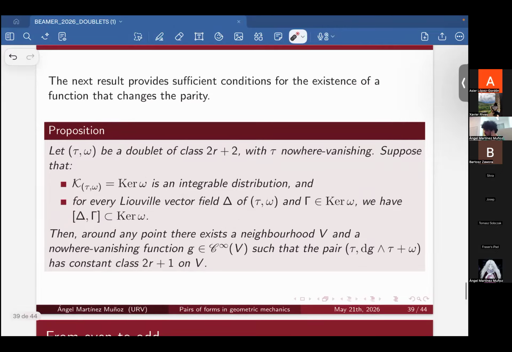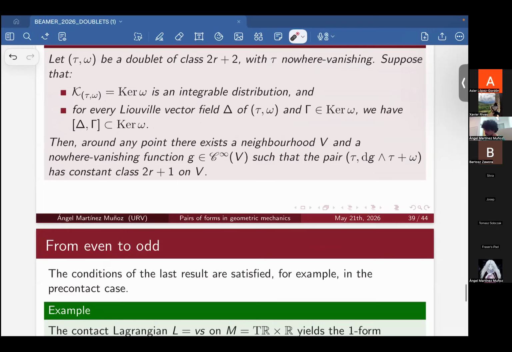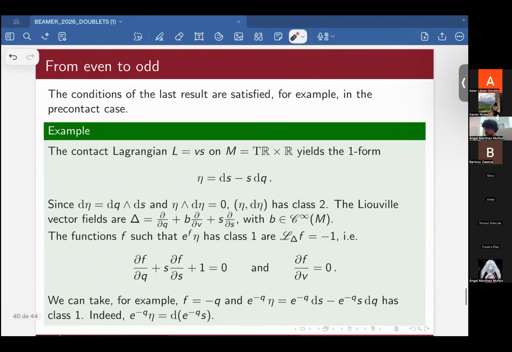Then this is enough to have a solution locally. So for a nowhere vanishing function to exist, such that this transformed pair has constant class 2r plus 1. And this, for example, is satisfied in the precontact case.